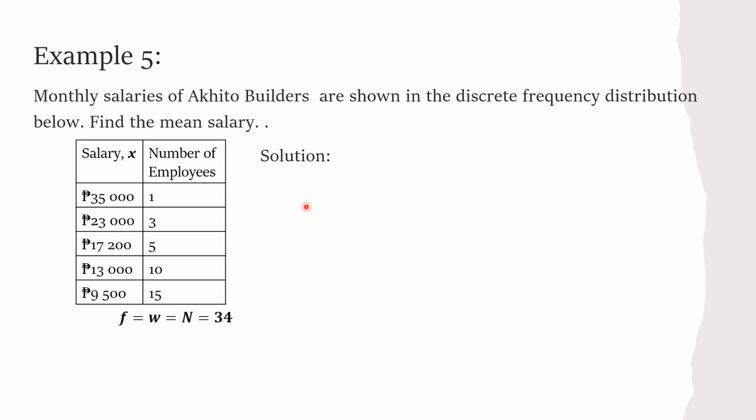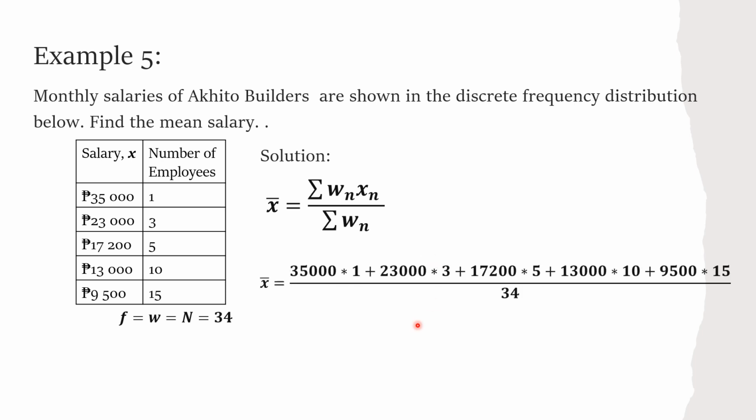So using the idea of the formula in finding the weighted mean, we have 35,000 times 1 plus 23,000 times 3, 17,000 times 5, plus 13,000 times 10, plus 9,500 times 15 divided by N, or the total weights. Therefore, the mean salary of the Akito Builders is 13,602.94 pesos.